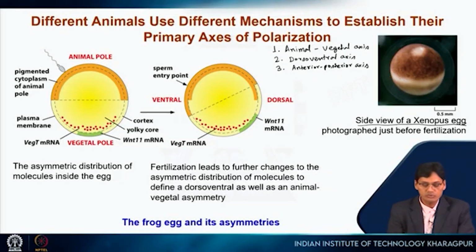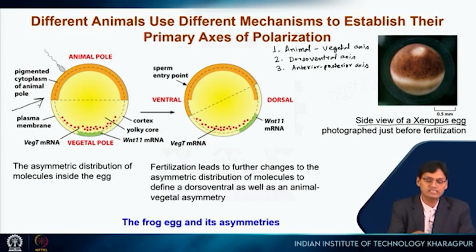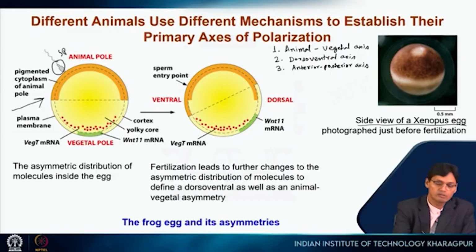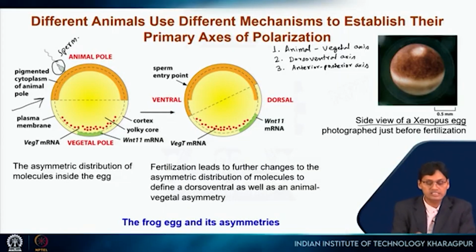Here, this is an egg of Xenopus, a kind of frog egg. Even before fertilization, as you can see, with the sperm here, there is an asymmetric distribution of molecules inside the egg.